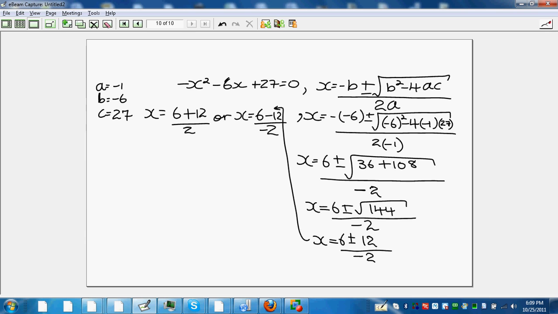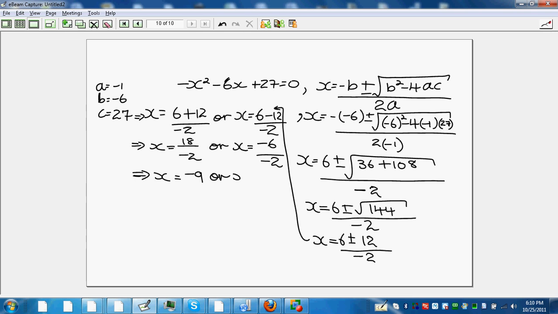So what happens now is that that implies that x is equal to 6 plus 12 is 18 over minus 2, or x would be equal to 6 minus 12 is minus 6 over minus 2, which implies that x will be equal to minus 9 or x to be equal to 3.